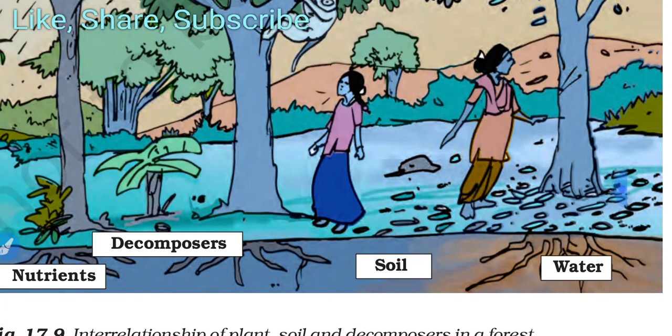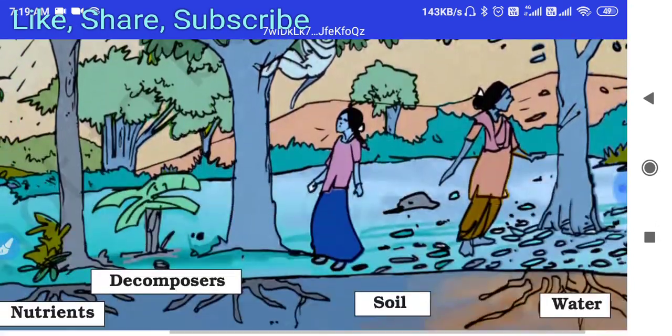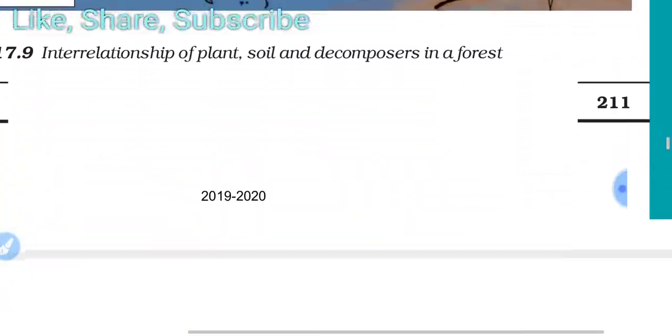When animals, trees or human beings die, they are eventually decomposed by decomposers, so the nutrients of the soil remain. This cycle always happens on the earth, and this is the interconnection.